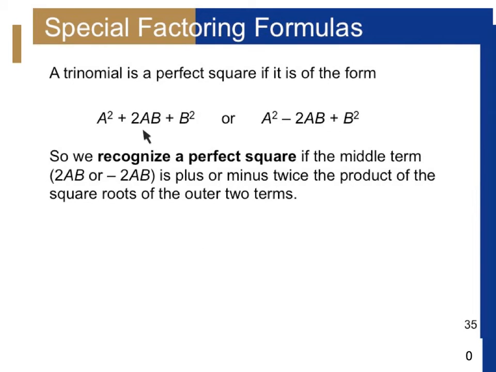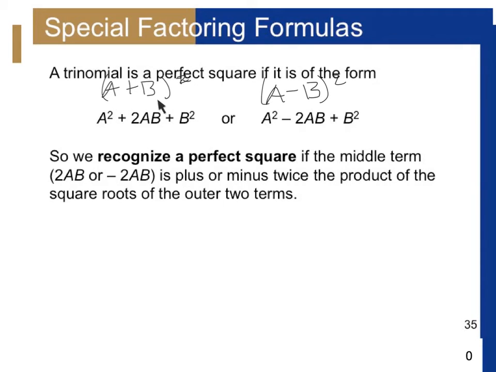Okay, this comes from our earlier formulas where we're taking a plus b squared and a minus b squared. So we have a plus b squared, which is a squared plus 2ab plus b squared, and we have a minus b squared, which is a squared minus 2ab plus b squared.